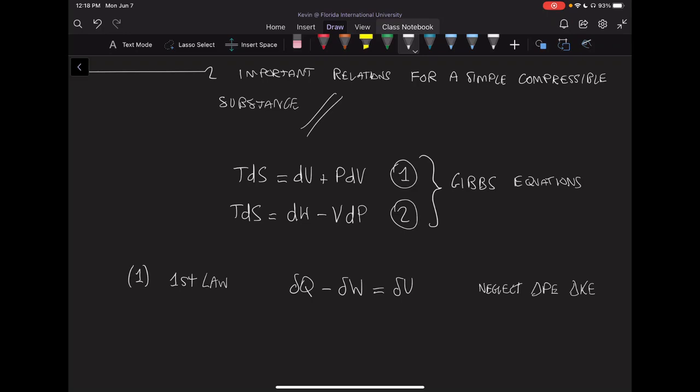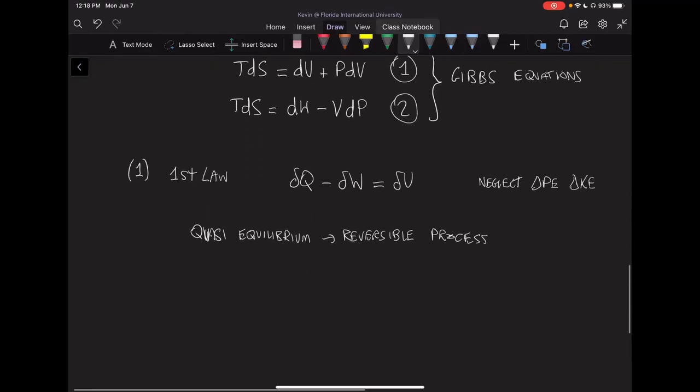And what we're going to say in this first law is that we have a quasi-equilibrium, as with all the systems we've been studying, and we also have a reversible process. So our process is reversible.